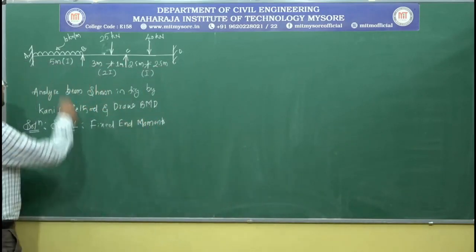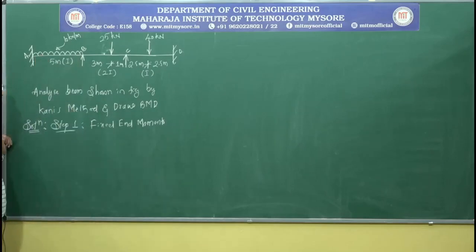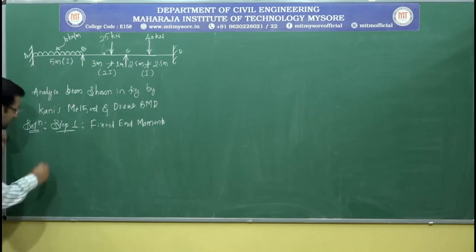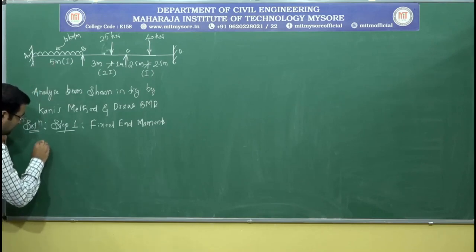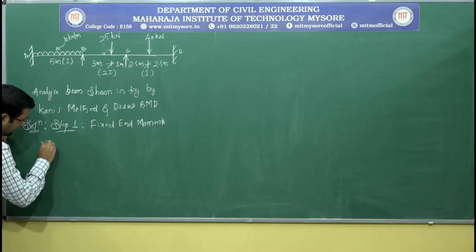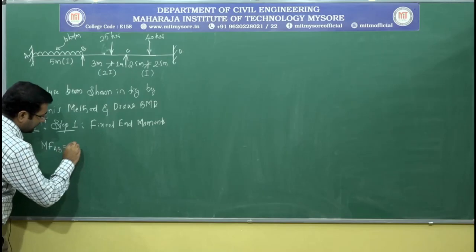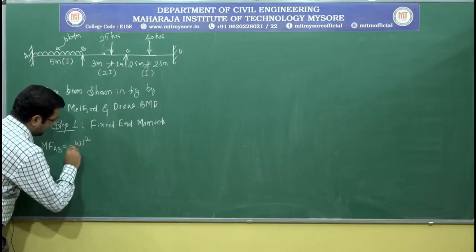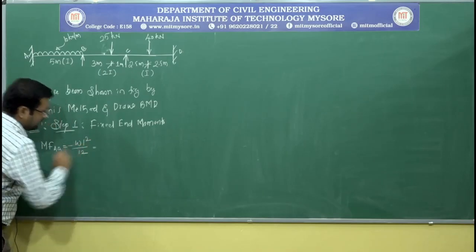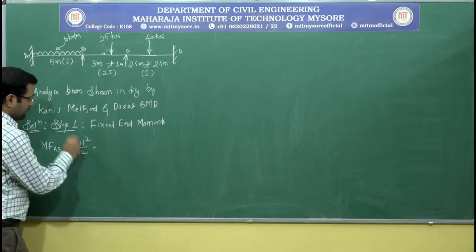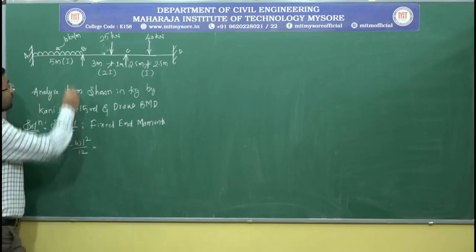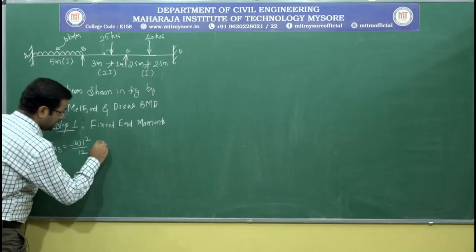So for the first span you can see we have a UDL on the span. So the fixed end moment for span AB, that is MFAB, is equals to minus WL square by 12. Here the W, the magnitude of the load, is given as 10 kilonewton per meter.